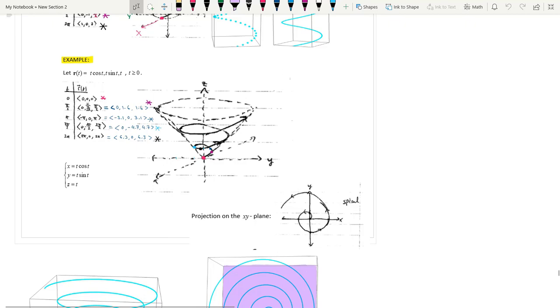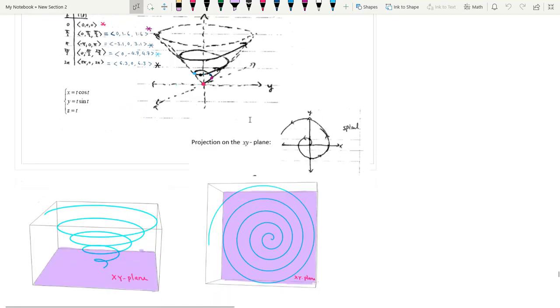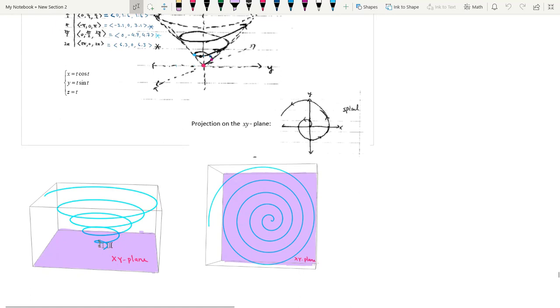So 3.14 over 2 is 1.6. This one is also 1.6, and similarly you will get other points in 3 dimensions. If you plot those points, then you will get this type of path.